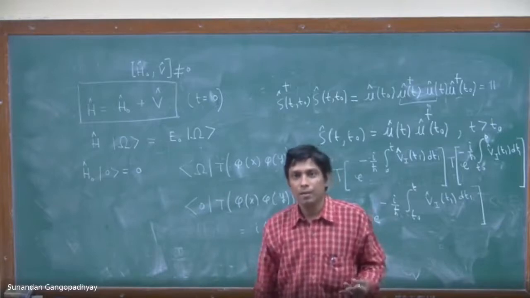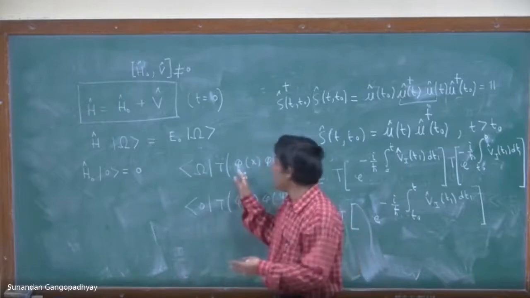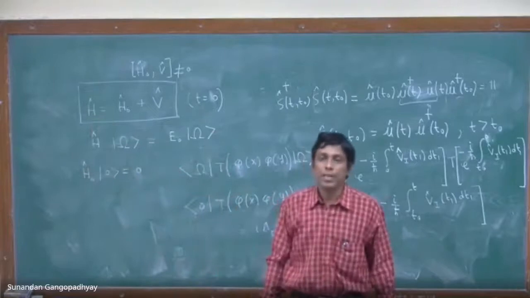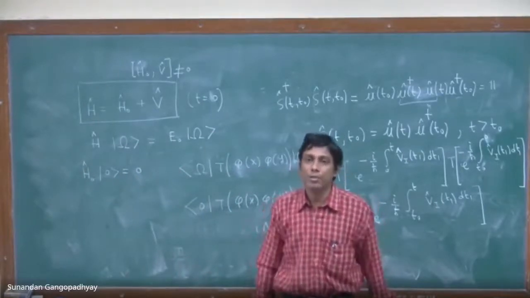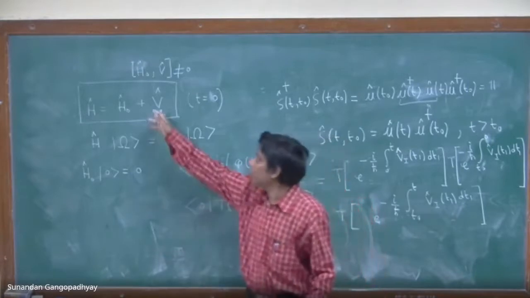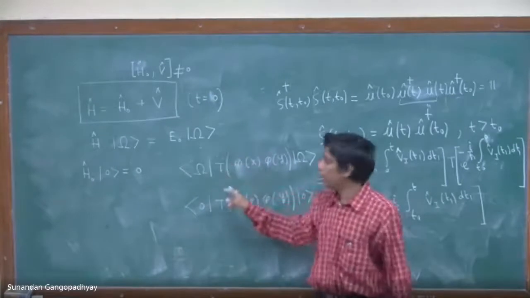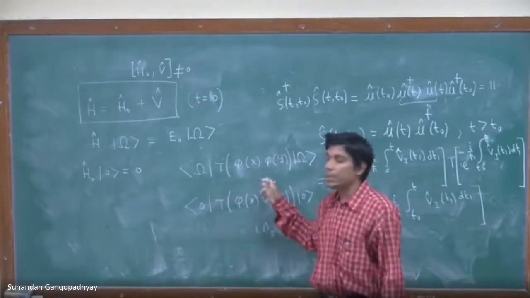Because in the Heisenberg picture, these fields basically evolve by the full Hamiltonian. They are time dependent and they evolve by the full Hamiltonian H hat. And the full Hamiltonian contains the interaction. Therefore, it will be very difficult to calculate an expression for how this evolves in the Heisenberg picture.